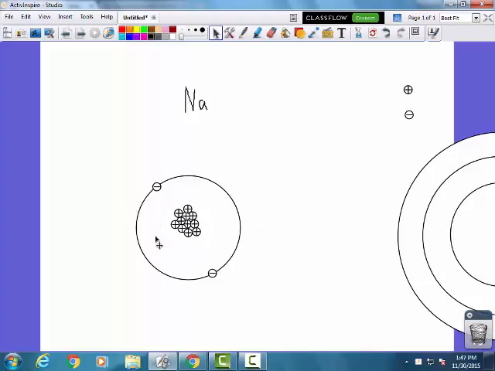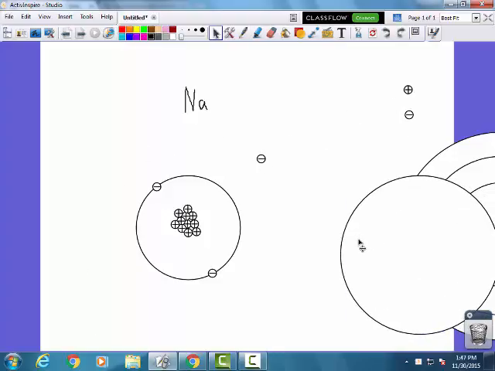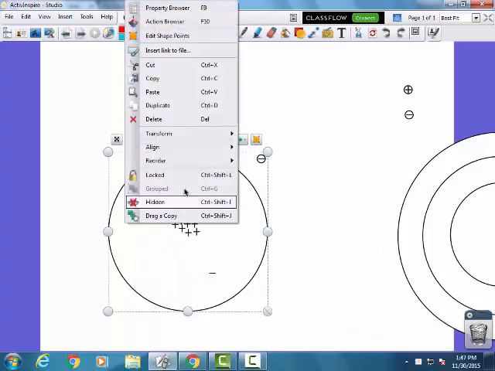So 2 of those electrons can go in the first shell, and then their negativity in that region is going to be repelling other electrons. So a third electron can't fit in there because it gets repelled out by the 2 electrons that are already in there. So it must go into a different shell. That's where a second shell of electrons comes in.